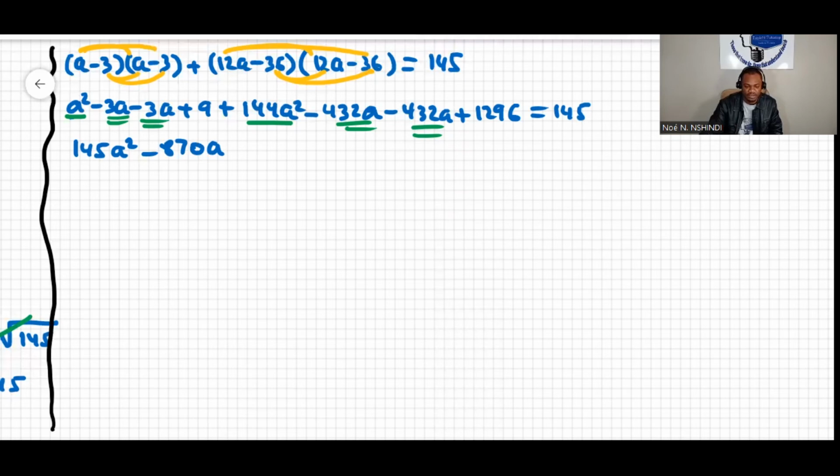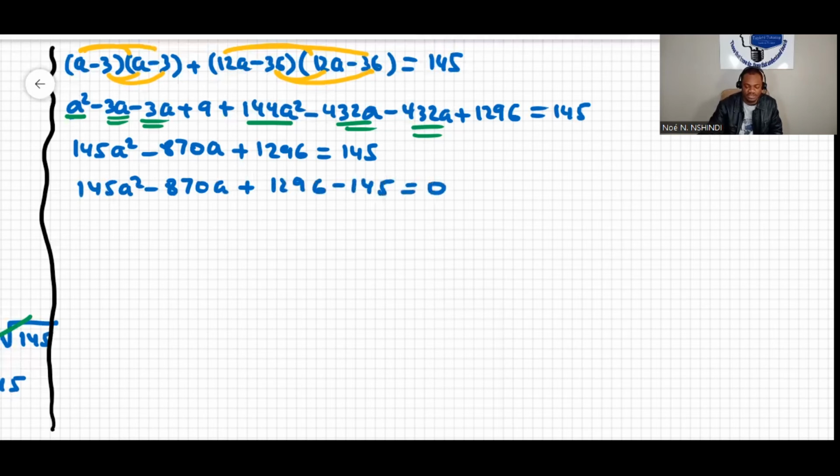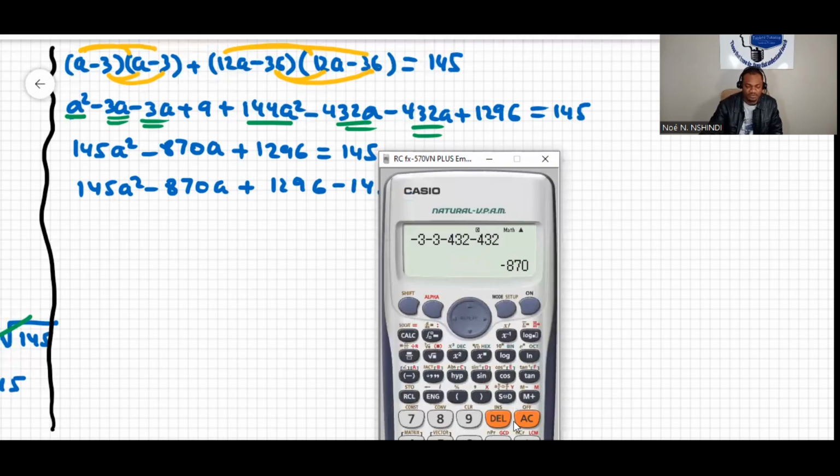And then plus 1296 equals 145. Now if we move the 145 over, it will be minus 145. So I do 1296 minus 145, which is 1151.